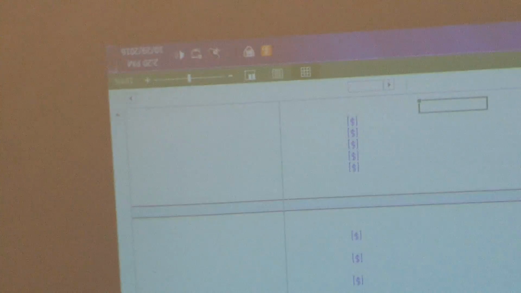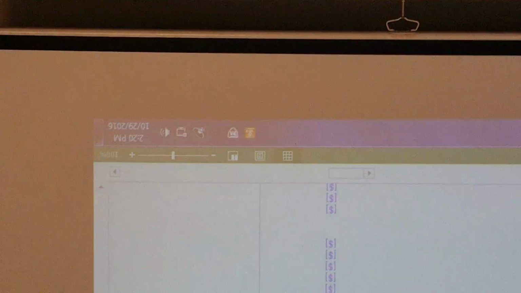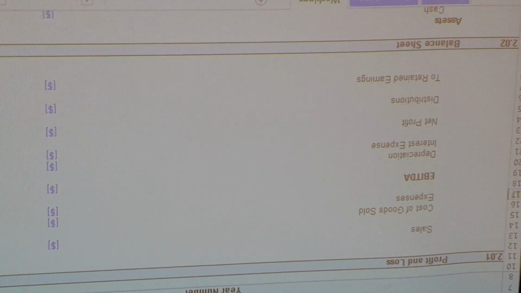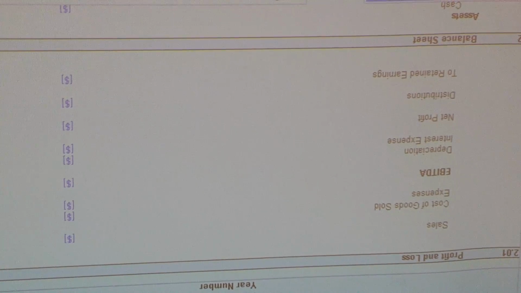Very important. If I type in 7% here and then go over to modeling expenses and say year one is 3 million, and then I say equal that times 1.07.